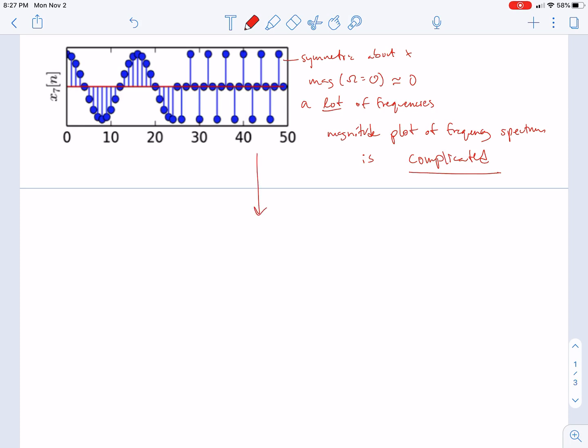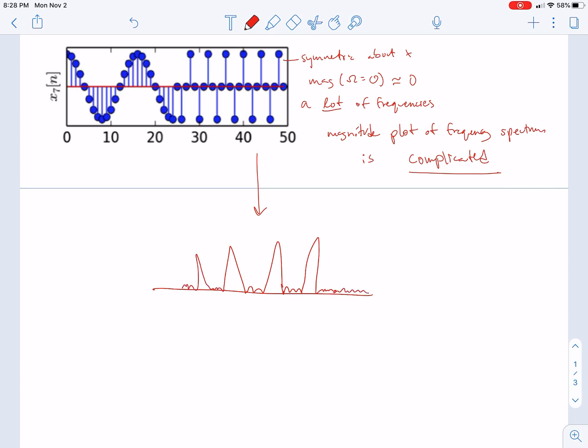And I'll attempt to draw what it actually looks like for you. It looks like we got these two big peaks, and then it does go to 0 at 0, and then it has some other small bits of different frequencies, some big amplitude of some frequency, same on this side. And it's just really complicated.